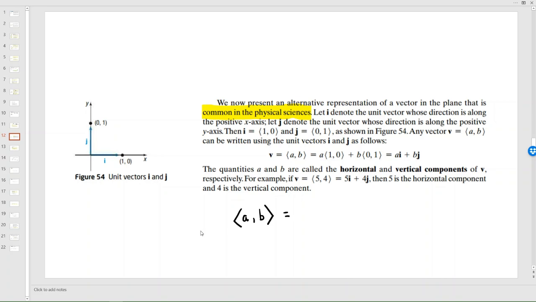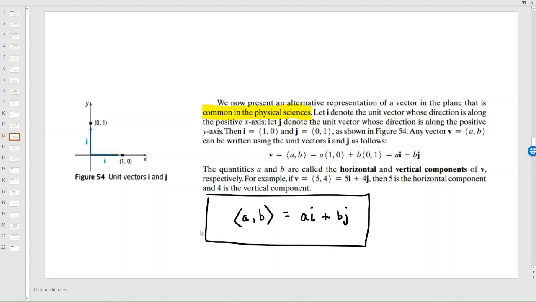So we can really think of this algebraic method of writing it as another method here where we go a in the horizontal direction, and then we'll go b in the vertical direction. Okay, so what we really need to know is that I can take any vector from this component direction vector and rewrite it like this. So these are interchangeable ways of writing a vector.